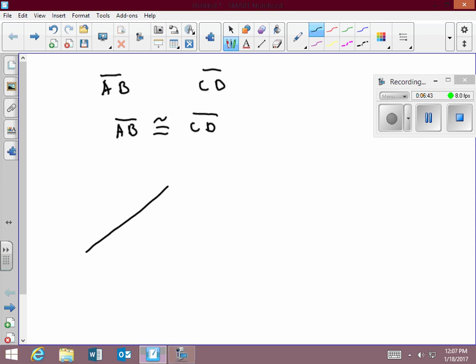So if you have a line like this, AB, and a line like this, and you grant me that those two are the same length, then a lot of times you will designate that by putting a mark like that, so that you can identify which segments are congruent to each other. They're going to talk about angles and their measures.